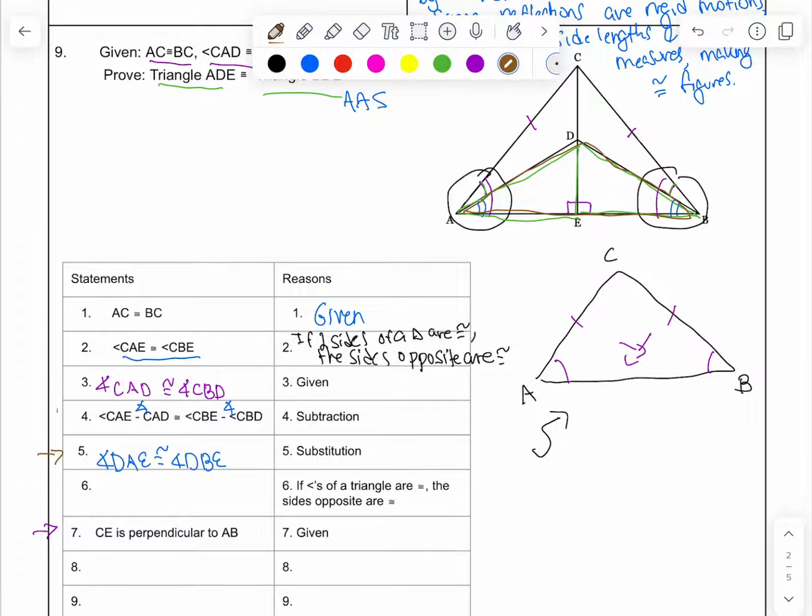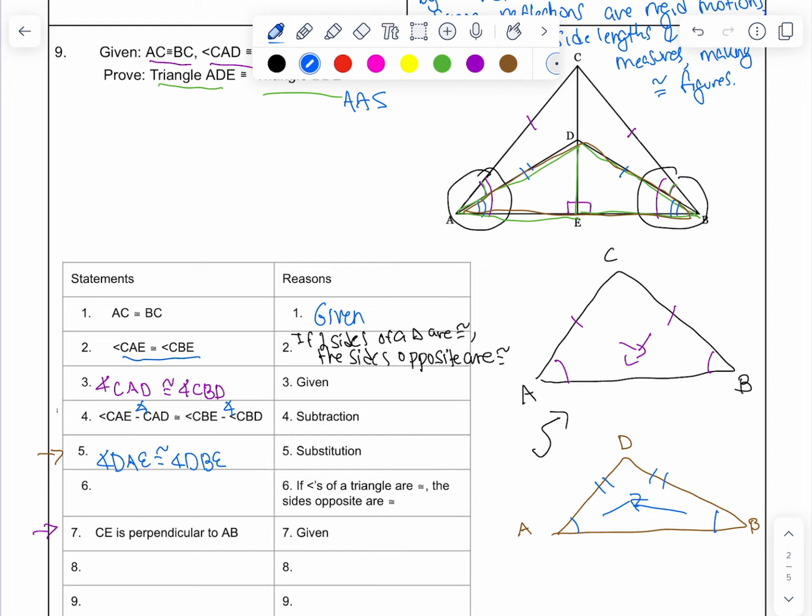Notice how those are two angles of the triangle ADB that I just highlighted in brown. I can draw that triangle over here so you could see it a bit more clearly. Here's ADB, and here are the two angles that we just now proved are congruent. So if two angles of a triangle are congruent, the sides opposite are congruent. That's the converse of the base angle theorem.